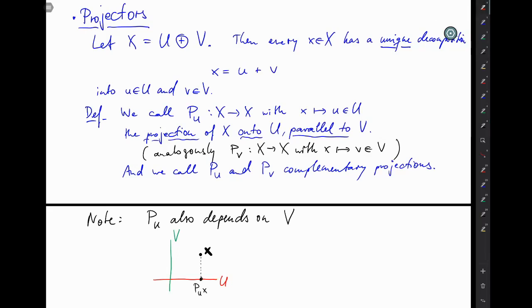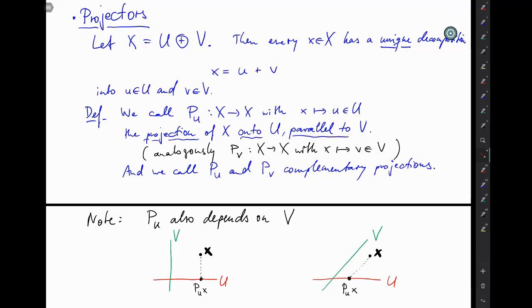Whereas in this setting, with a different complementary space V, but still the same space U and still spanning the same space U plus V, the same point X is mapped to a completely different projection. So even though we are not putting the set V as a part of this notation here, because we're trying to keep our notations slim, it does depend on V, and it is not without a reason that we say parallel to V in this definition here.